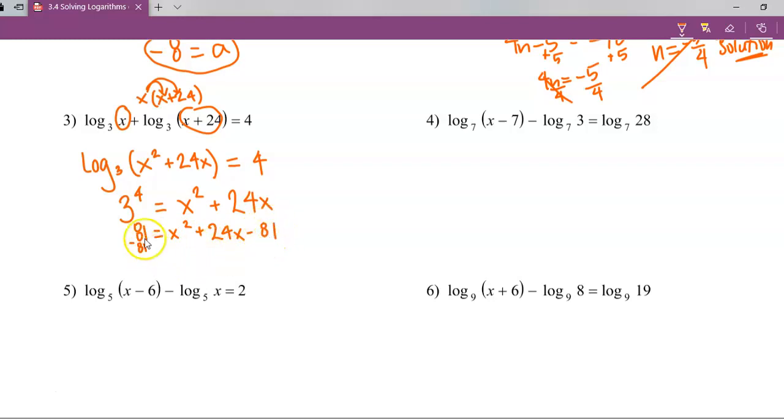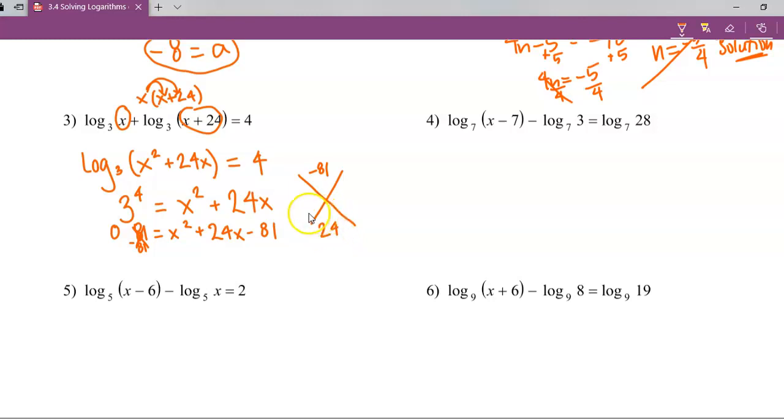So I'm going to subtract the 81 from both sides to get this equal to 0. And then I'm going to x factor it. Again, you could also use the quadratic formula if you prefer that. A is 1 and C is negative 81. So if I multiply that together, I'm getting negative 81. B is 24. So I'm looking for two numbers that multiply to negative 81 and add to 24.